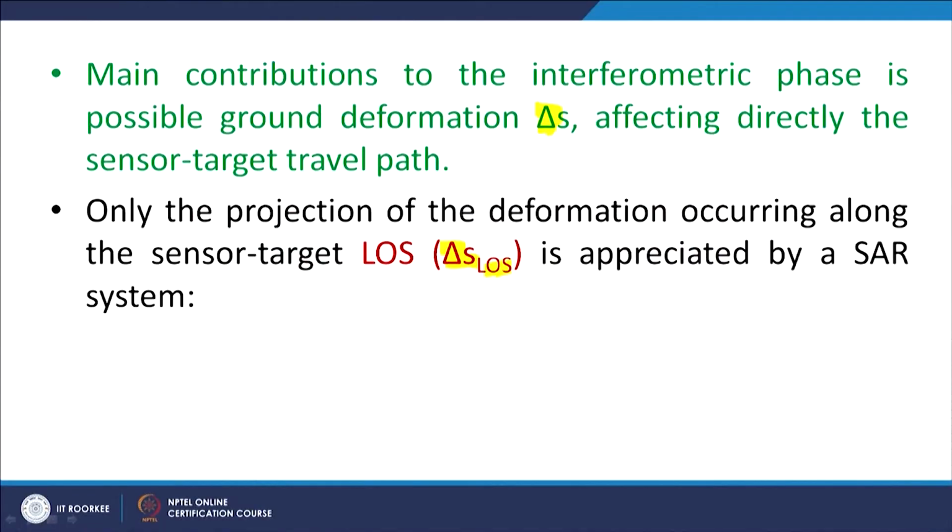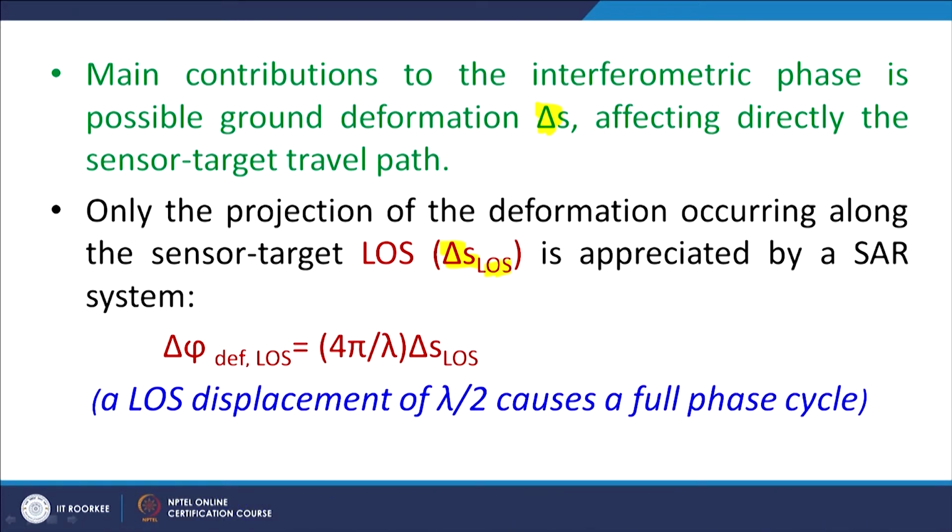Only the projection of the deformation which is occurring along the line of sight, LOS, that is delta S LOS, is appreciated by the SAR system. It is not the real deformation which has taken place, but the deformation in the line of sight. Though by using further processing we can create exact deformation as well.